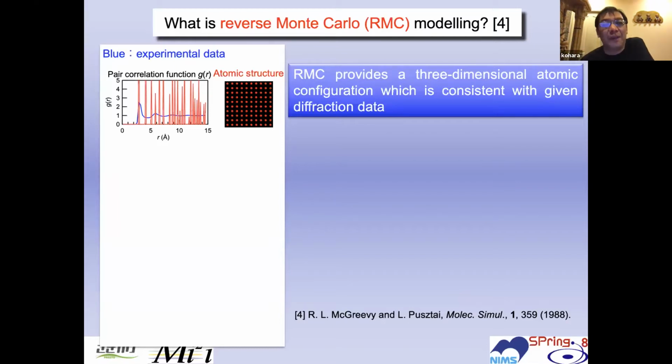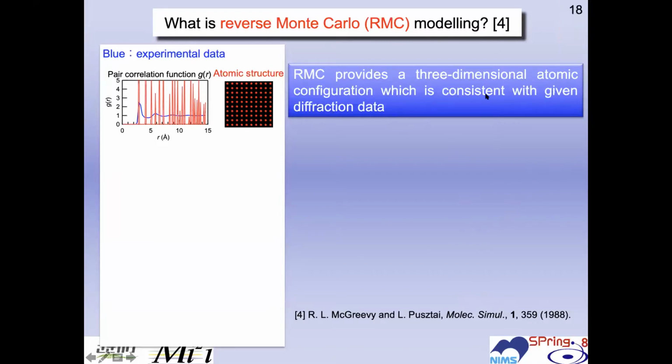I think this is some sort of data science because this is really data-driven modeling. In RMC, we can provide a 3-dimensional atomic configuration which is consistent with given diffraction data.